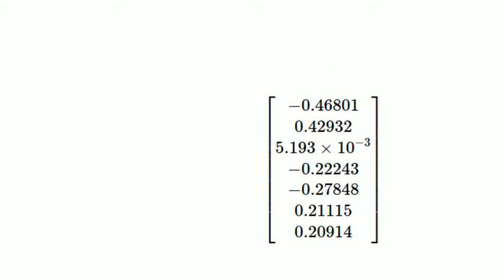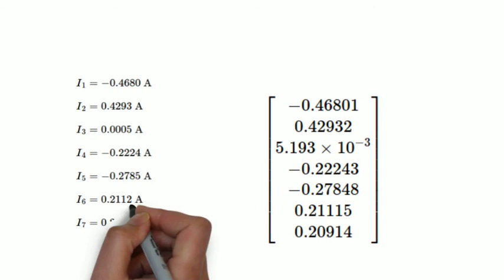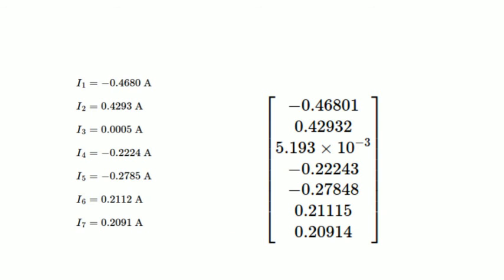So, I1 equals negative 0.4680, I2 equals 0.4293, I3 equals 0.00005, I4 equals negative 0.22224, I5 equals negative 0.2785, I6 equals 0.2112, I7 equals 0.2091.